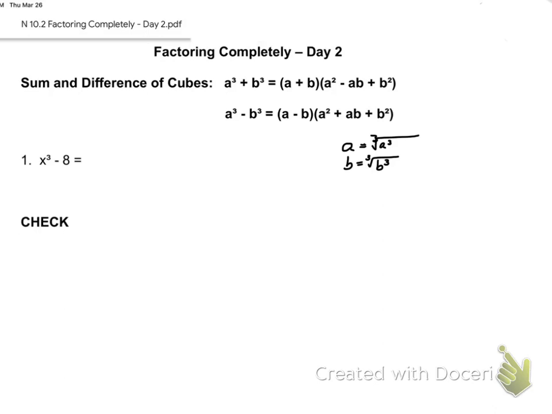So if I start with the cube root of x cubed, as we've done when simplifying with indexes other than square root, the cube root of x cubed is just x.